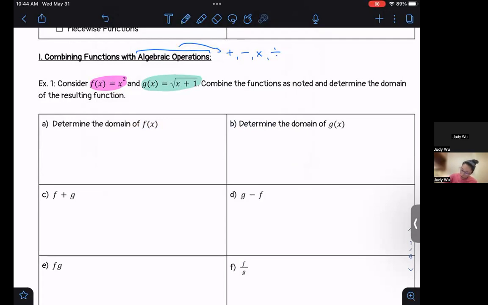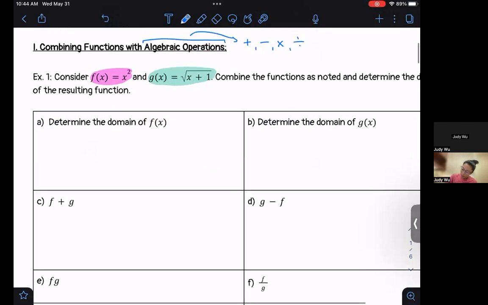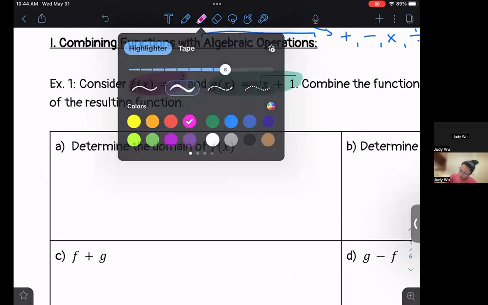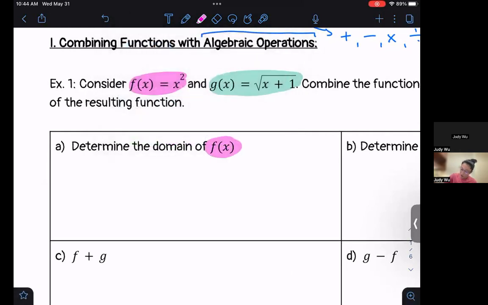We're going to start first by remembering what it means to determine the domain from an equation. That was something we learned in a previous section. To find the domain of f of x, our pink function, what we need to think about are those clumpings of numbers: positive numbers fine, negative numbers fine, is 0 fine.